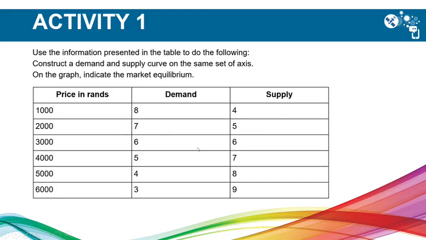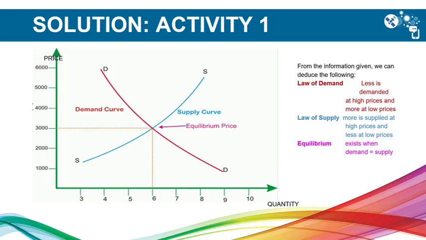So let's have a look at what that looks like. There we have our price and we have our quantity. And there we have our rands going from 1,000 to 6,000. Then we plotted the different points, and this is the shape that we were given.